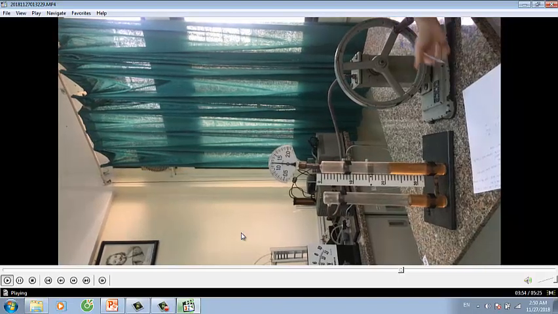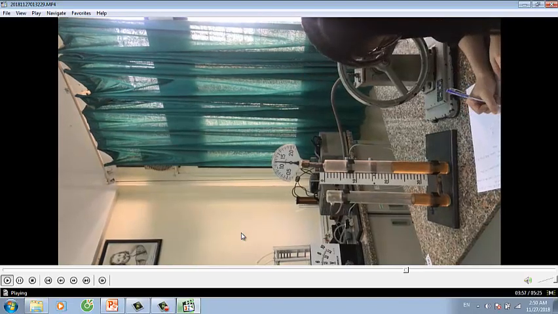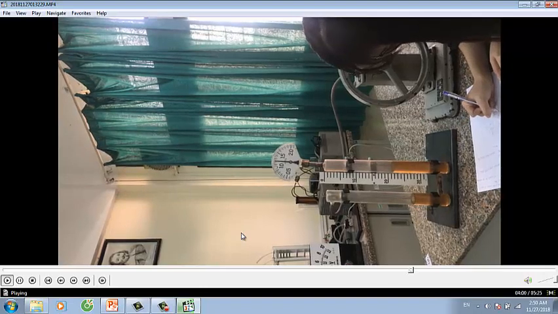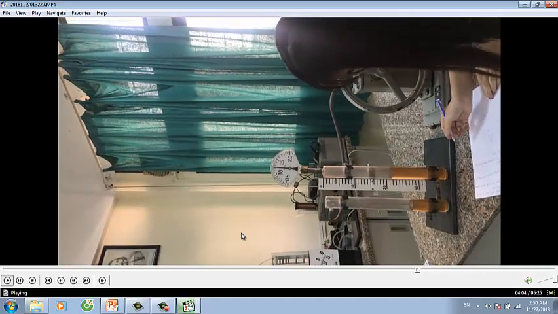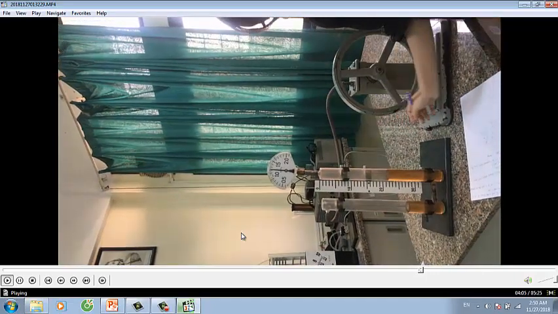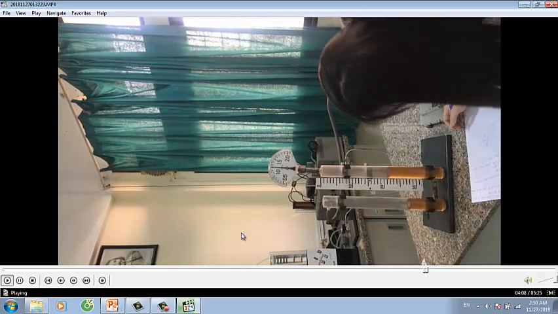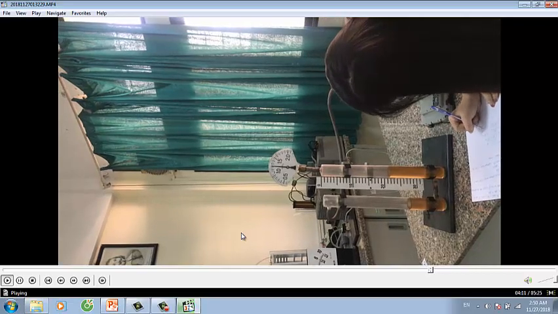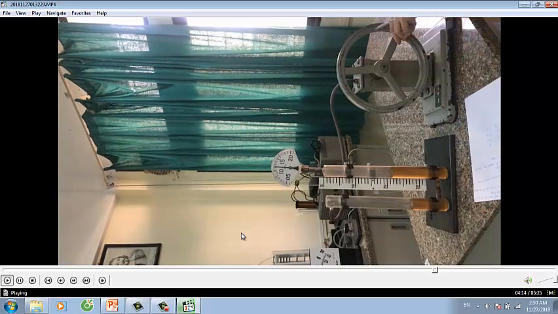Do it again. And we have P equal to 1.3 multiplied by 10 to the power 5 Pascal, and the height of the gas is 20 centimeters.